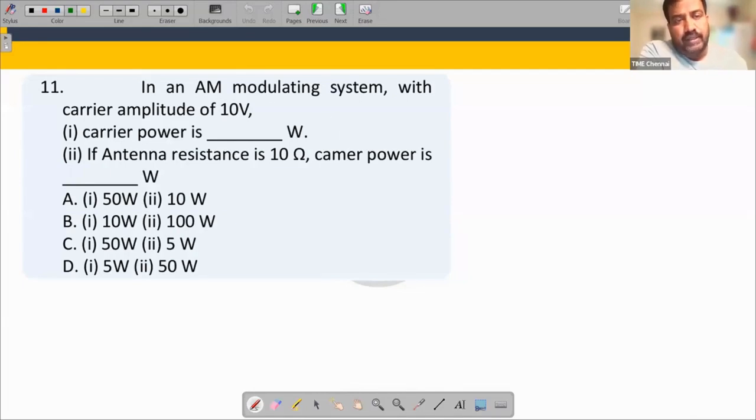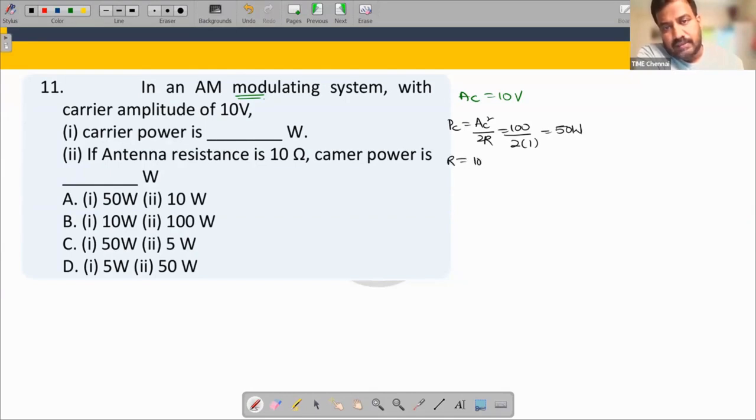In an AM modulating system, carrier amplitude of 10 volt, carrier power Ac square by 2R. R is not given, so you can take it as 1. Is 50 watt.